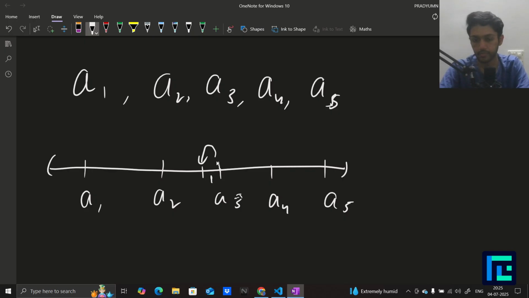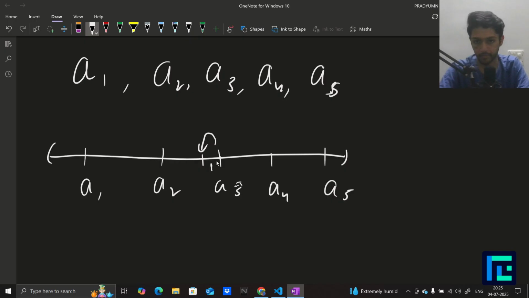We have moved this point towards the left side by 1, so this sheep is here now. If this distance initially was d2, after moving this it becomes d2 minus 1.